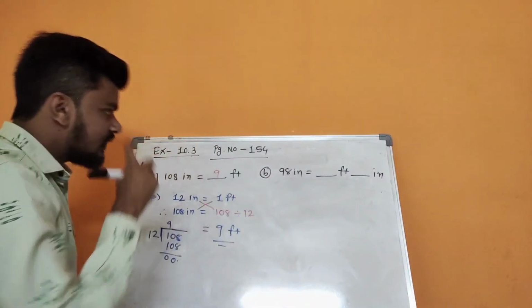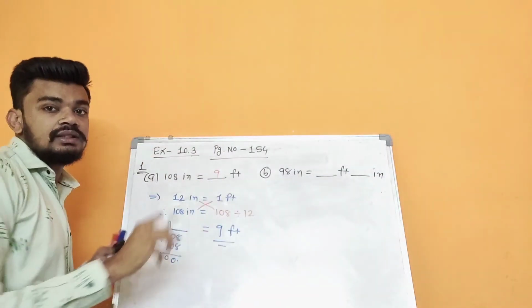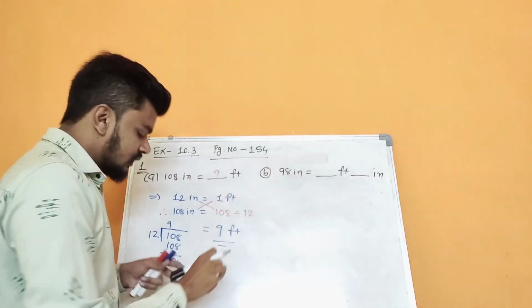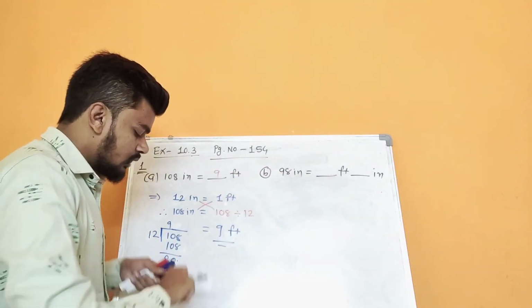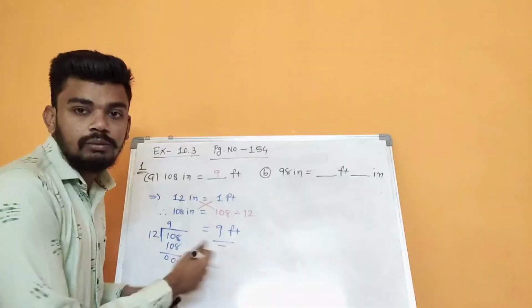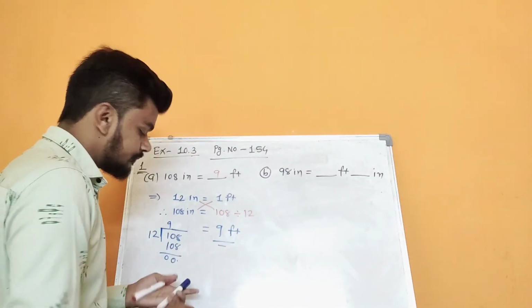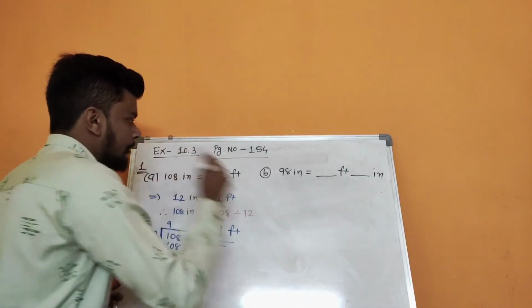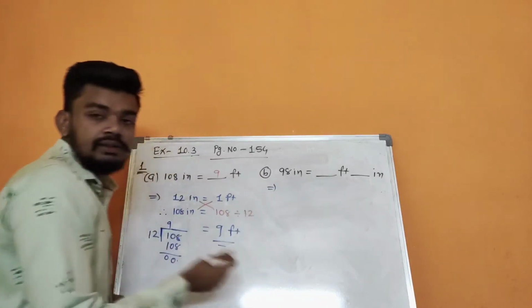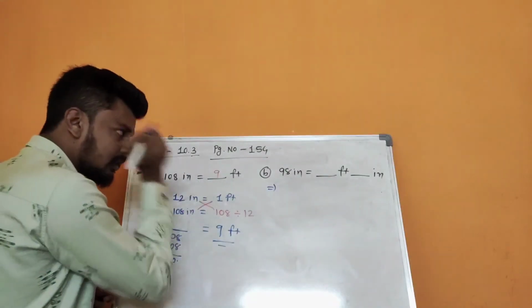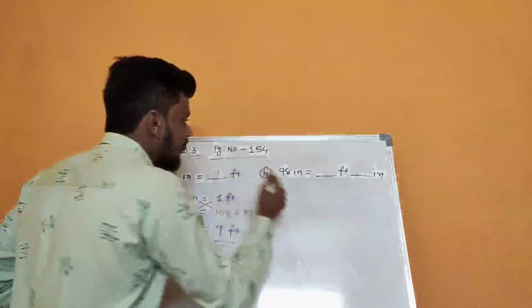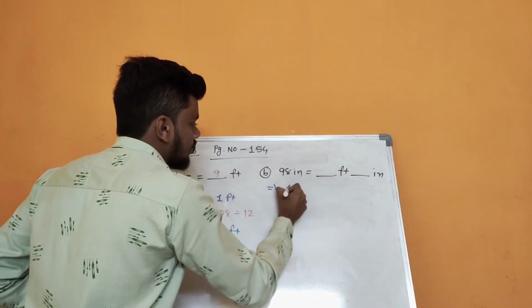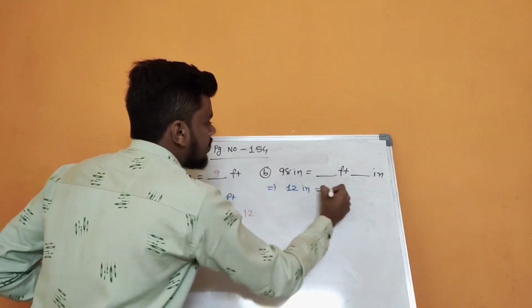Remember, in this kind of question we'll get a different type of answer compared to this one. We'll write the same conversion over here that we have. So 12 inch is equal to 1 foot.